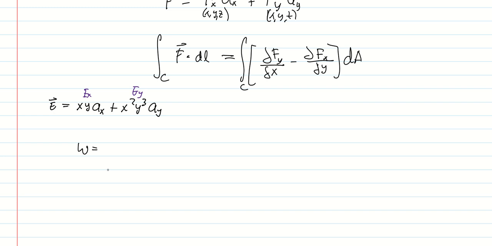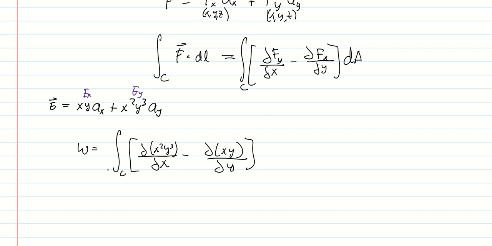So the work done will be the integral over that path of the partial derivative of x times y, the F_y, with respect to x, minus the partial derivative of F_x, x squared y cubed, with respect to y, multiplied by the differential area dx dy.